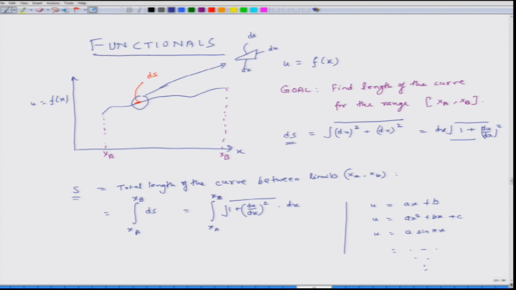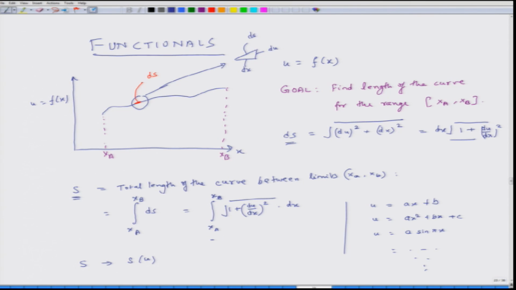The point I am trying to make here is that the value of S depends on the nature of u. It does not depend on anything else, because du over dx also depends on the nature of u. So I can write S as a function of u. If I change u, then S is going to change.